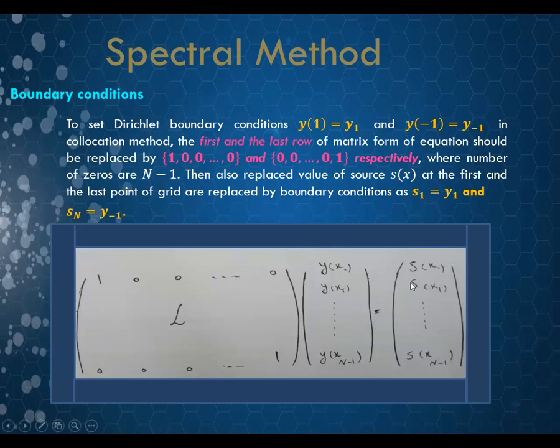And the package I mentioned applies this automatically for boundary conditions. This form is only for the collocation space and the collocation method of spectral. Okay, thank you very much.